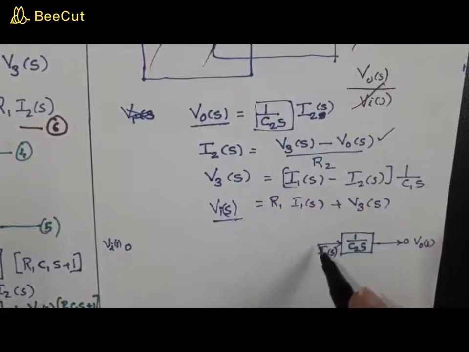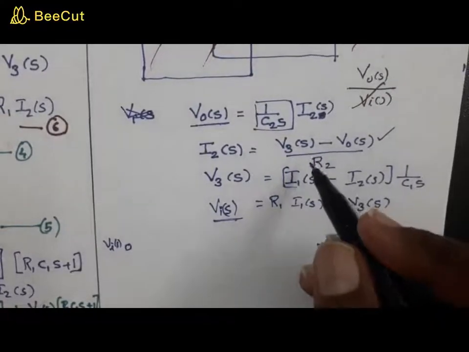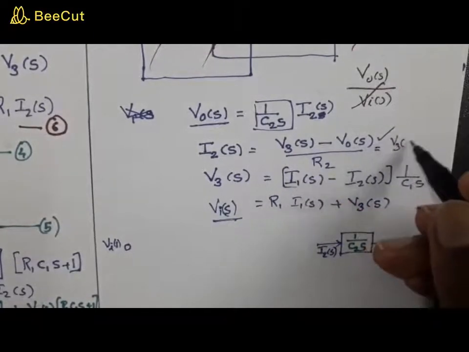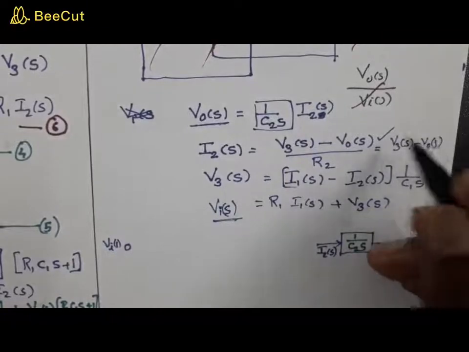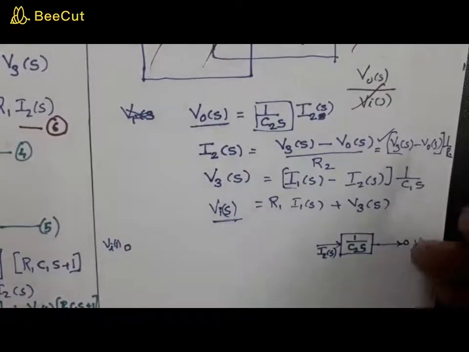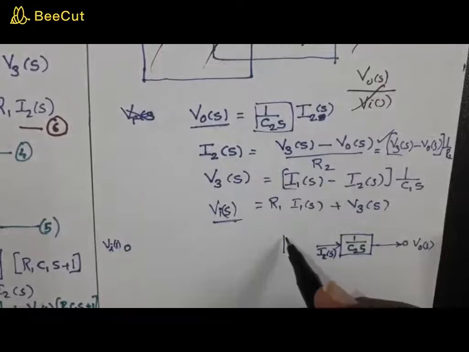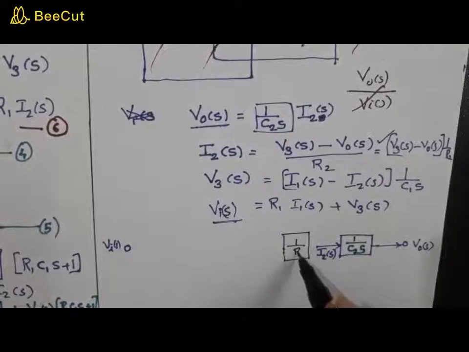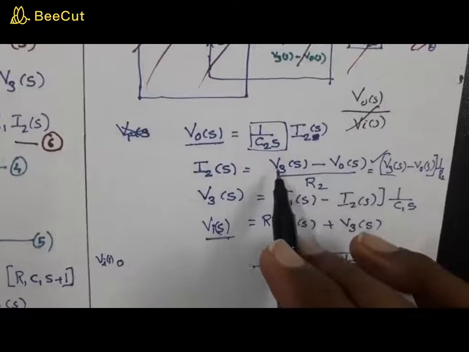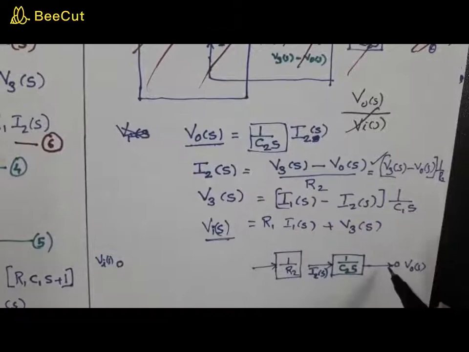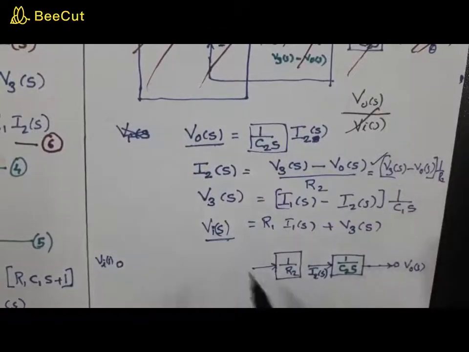So this can be rewritten as V3 of s minus V0 of s, the whole divided by R2, right? So this I2 of s is to be obtained by a block of 1 by R2, and what must be the input that is to be given? The input has to be the difference between V3 of s and V0 of s. Now from where will you get V0 of s? Here is V0 of s.